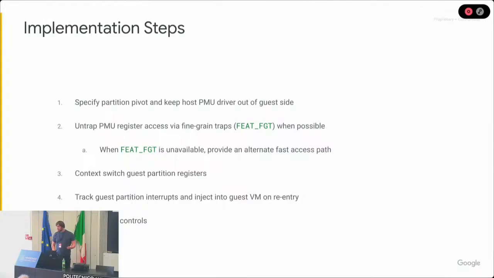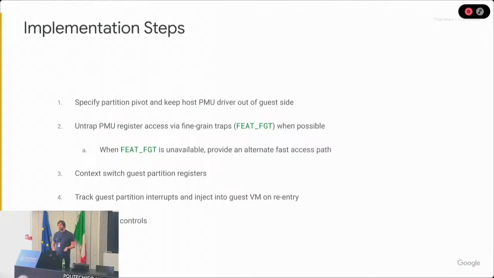Then step 3, we now have some new register state that's under control of the guest. So we need to make sure that is context swapped in and out on vCPU load and vCPU put.